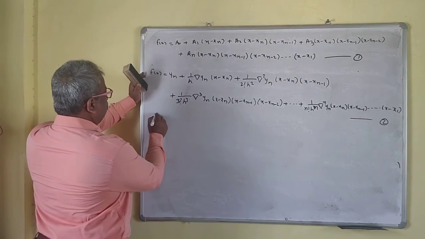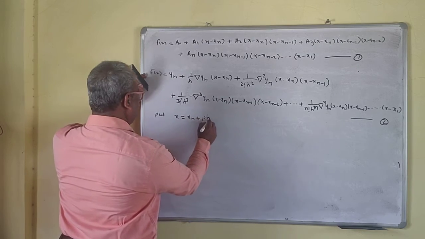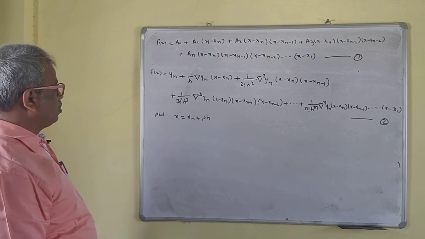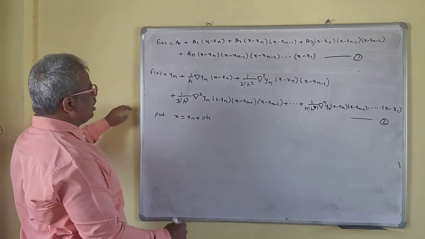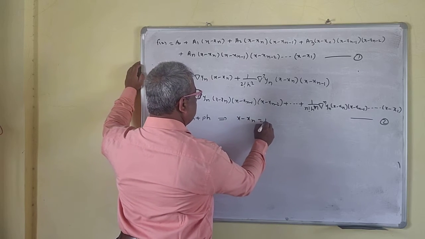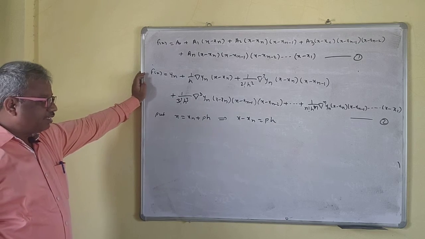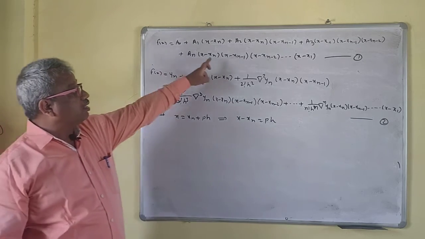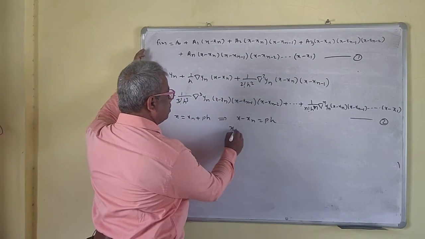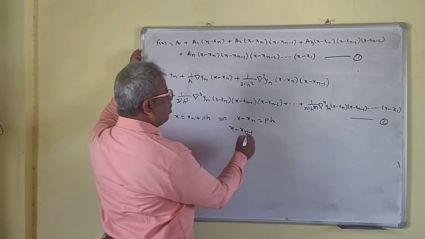Now put x is equal to xn plus ph. So what do we get then? This implies that x minus xn is ph. Now we will find the value of x minus xn minus 1.